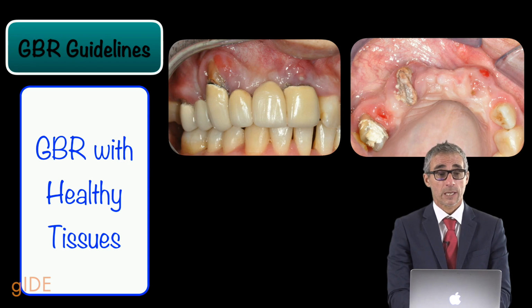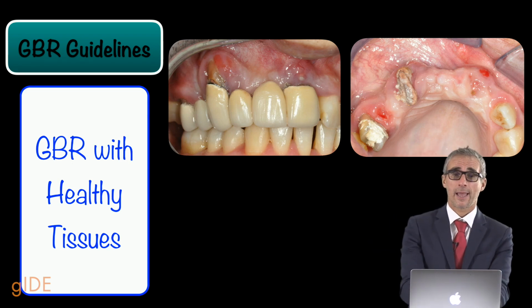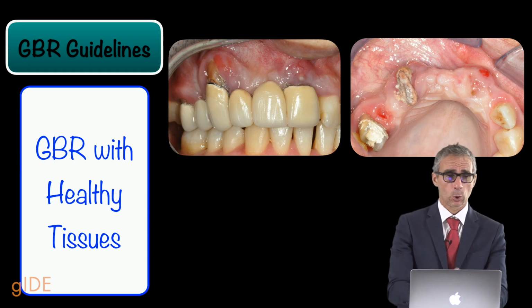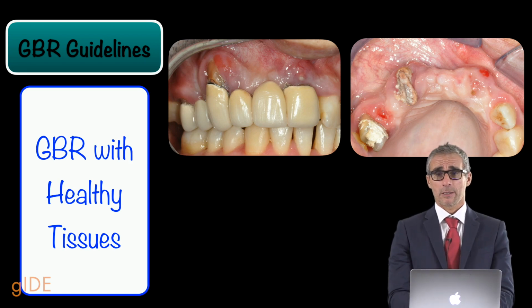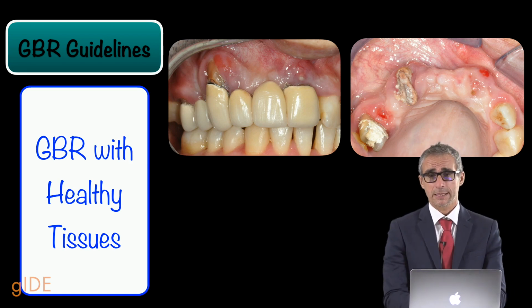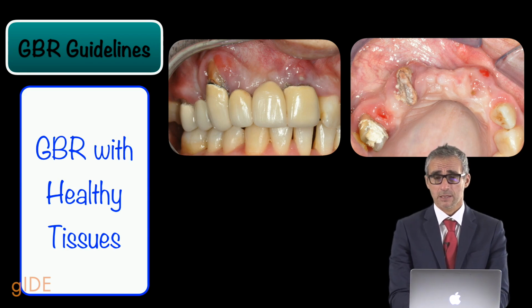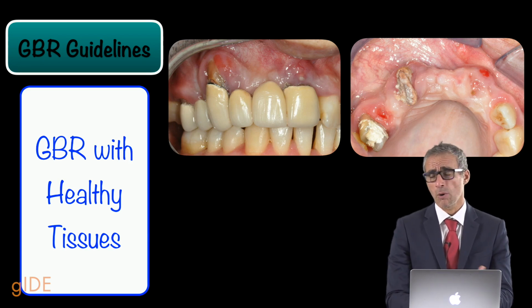Because I am sure that I cannot gain anything. If you wanted to gain something with the closure of the flap, you have to place a membrane, you have to graft the material, but it's too expensive, and the quantity of bone that I can get is modest.